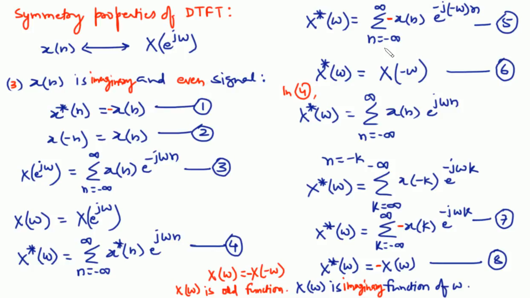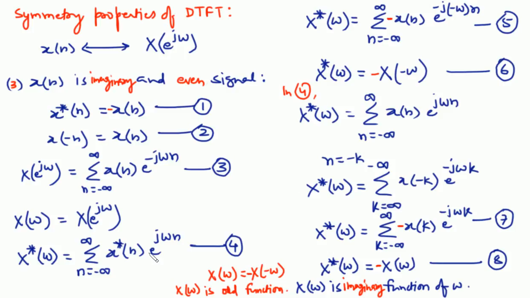So if I compare expression 5 and 3, then the right hand side can be written as minus X of minus omega. Complex conjugate of X omega is minus of X of minus omega.